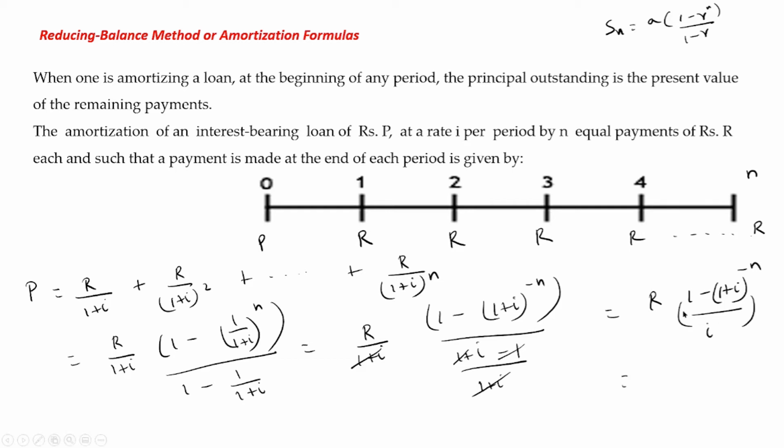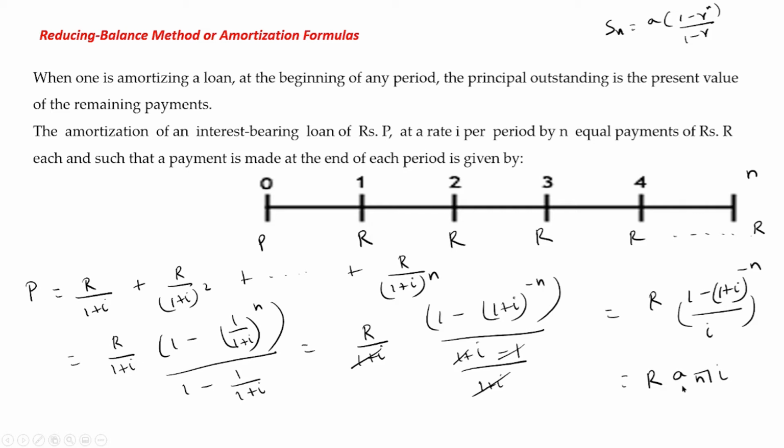Now this (1 minus (1 plus i) the whole raised to minus n) upon i is nothing but the present value annuity factor, and it is denoted by a angle n at rate i per period. Now this notation is usually used in actuarial science.